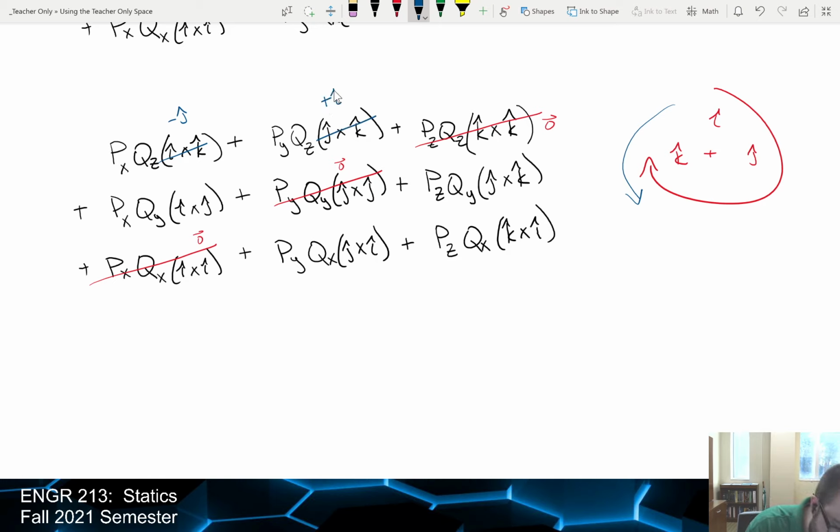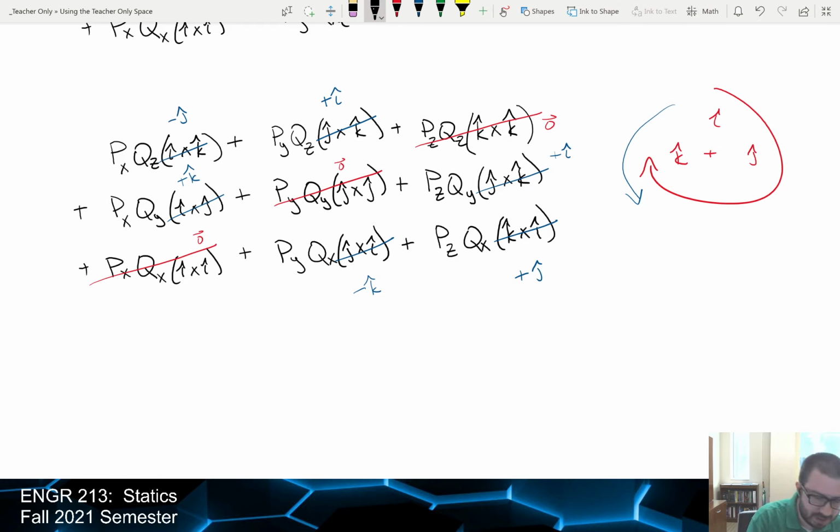That's plus I. I cross J down here, that's plus K. J cross K, that's plus I. J cross I, that's negative K. And this K cross I is going to be positive J. You can notice there's kind of a pattern here: we've got a plus K and a minus K, a plus I and a minus I, a plus J and a minus J. That's probably the most important thing to recognize, that there is a pattern to this, and we're going to use the pattern to make our lives a little easier when actually doing cross products.